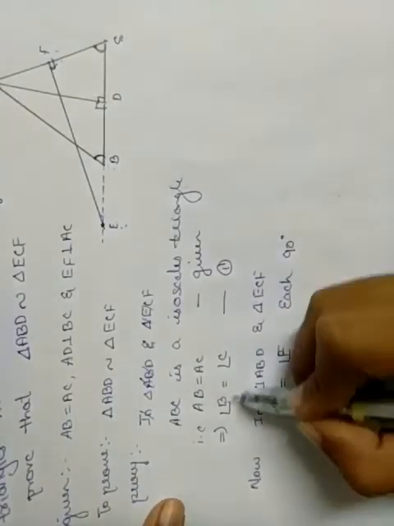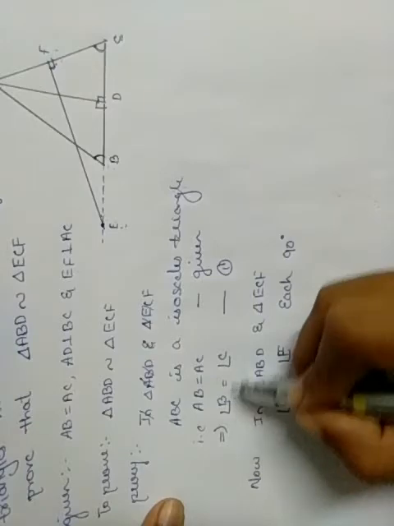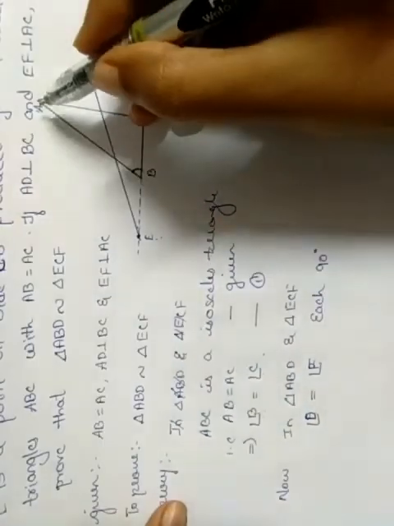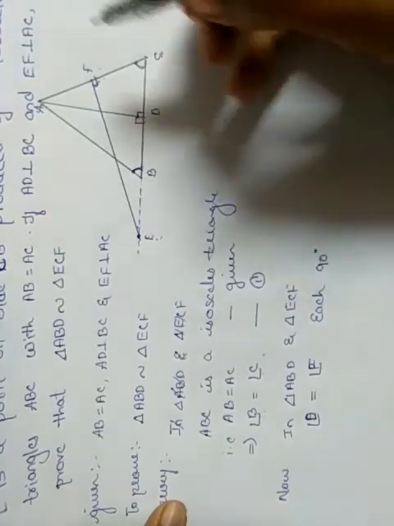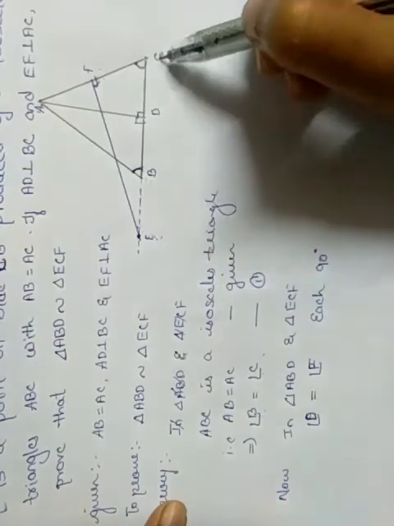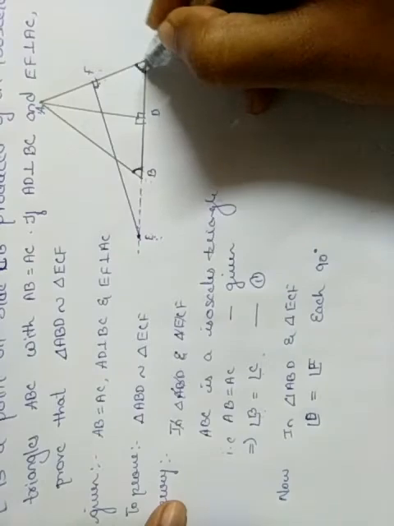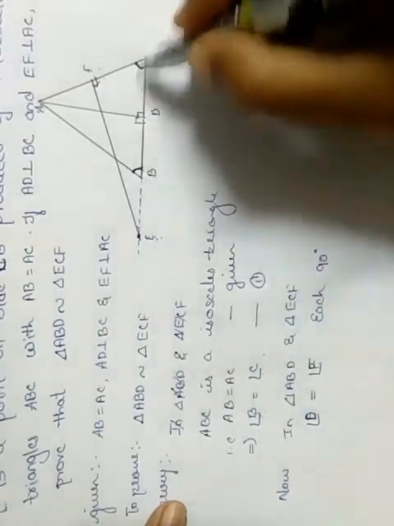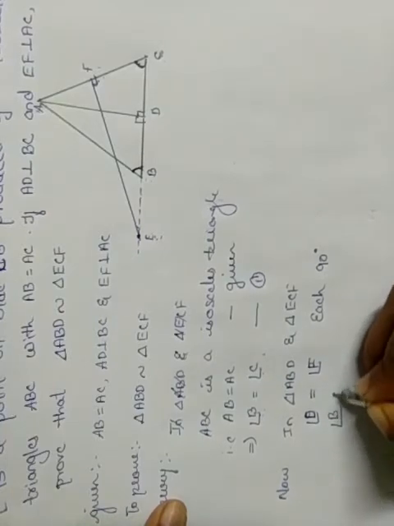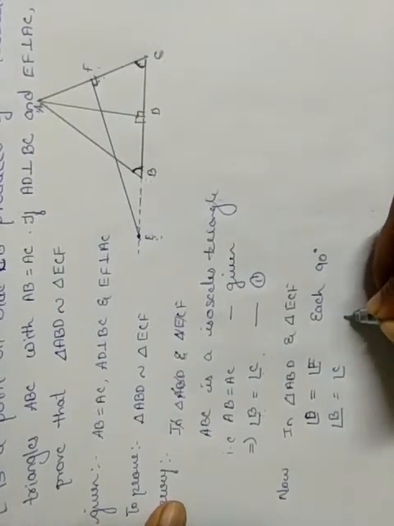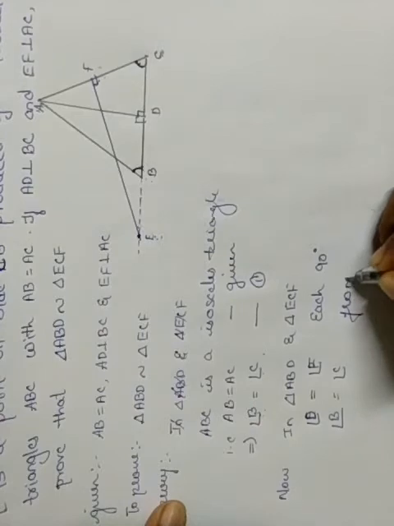And from here we have got that angle B is equal to angle C, right? In triangle ABD, angle B is there, and for triangle ECF, angle C is here. Here we proved that angle B is equal to angle C from 1.